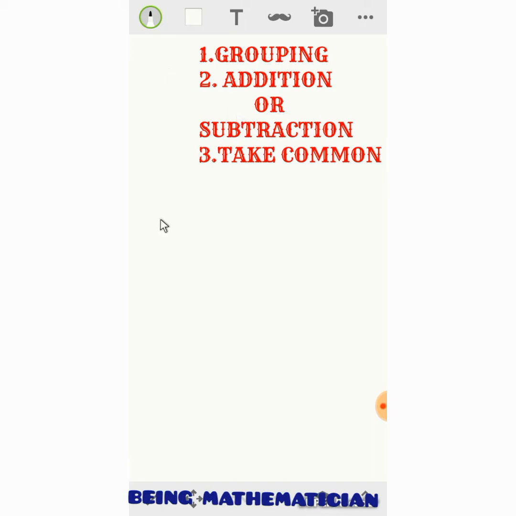So the example is a into 1 by b plus a cube plus b into 1 by a minus b cube. So now first of all remove the brackets: a by b plus a to the power 4 plus b by a minus b to the power 4.